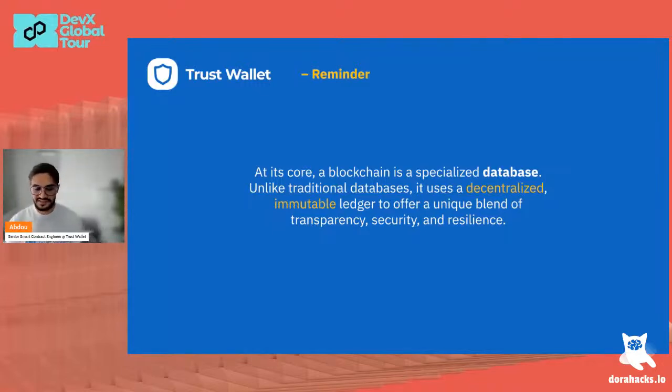And that sets the difference between Web 2.0 and 3.0. Now we are operating on databases that are decentralized and immutable, and the user is given access to their own privacy and data. So the use of blockchain is mainly to offer users transparency, security, and resilience.